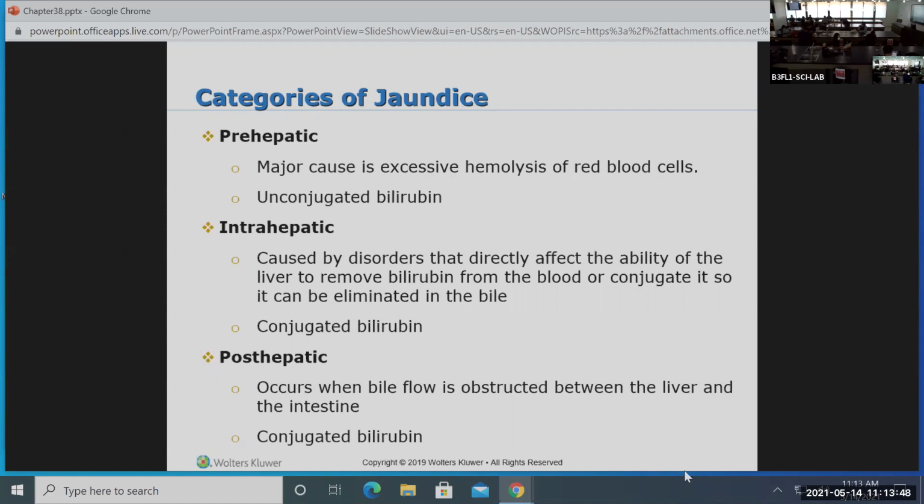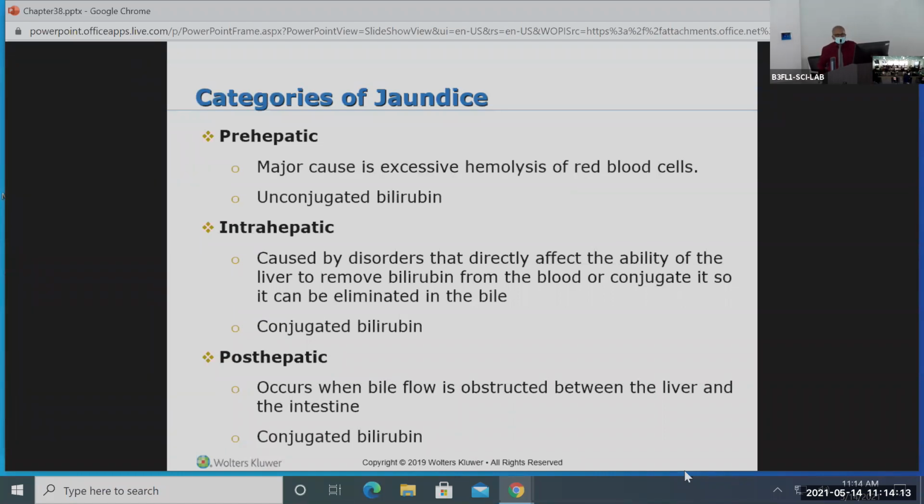Pre-hepatic means the liver is okay, my ducts are okay, but something is happening within the vascular system that causes pre-hepatic jaundice. So please remember the major cause is excessive hemolysis, excessive breakdown of the red blood cell.